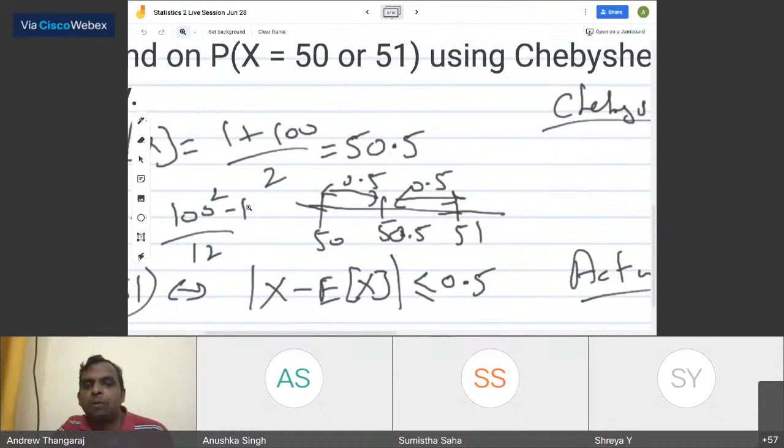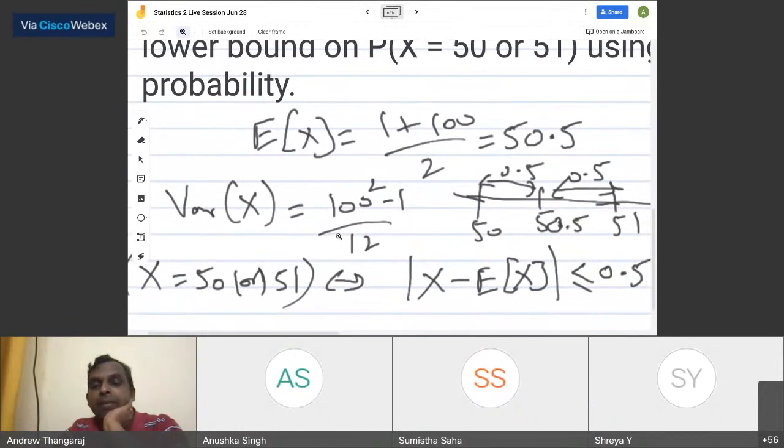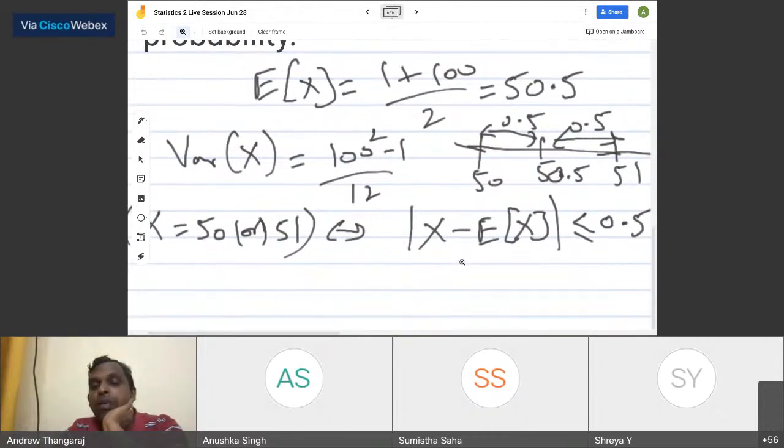So 50.5 is the expected value of X. I want 50 or 51, and you can see 50 and 51 are within 0.5 of 50.5: 0.5 to the left side, 0.5 to the right side. So the crucial thing to understand here is X equals 50 or 51 is the same as mod X minus E of X less than or equal to 0.5. That seems fine enough.